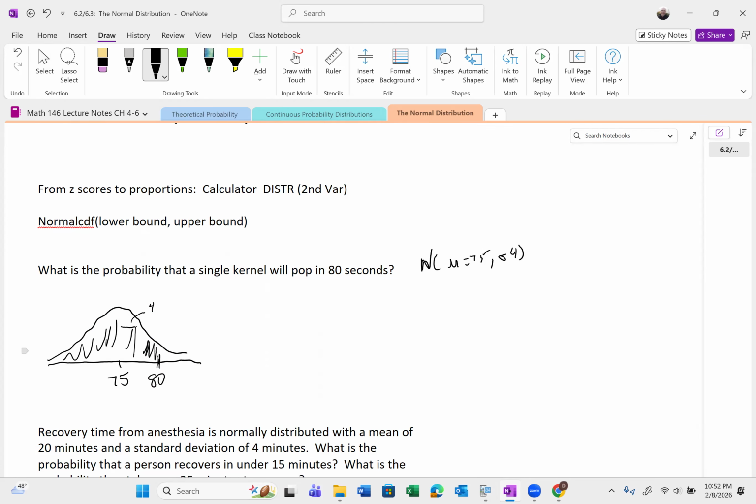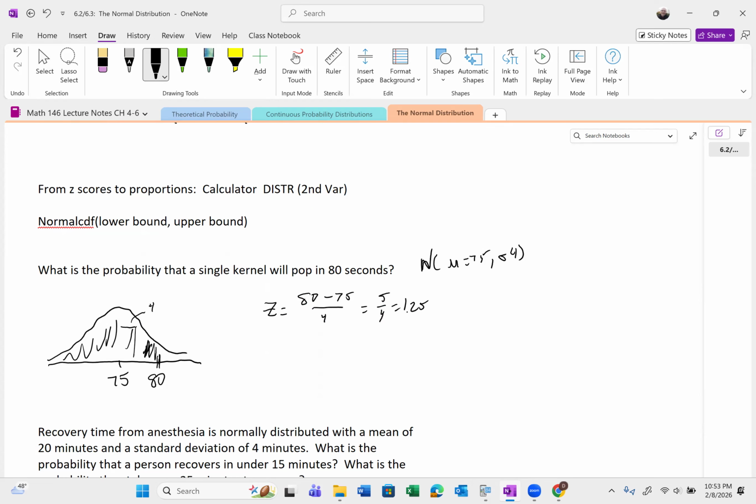And so then I'm going to do that same sort of thing with the normal CDF. We're going to calculate the z-score, take our observation minus the mean divided by our standard deviation. That's going to give us 5 over 4, which is 1.25.